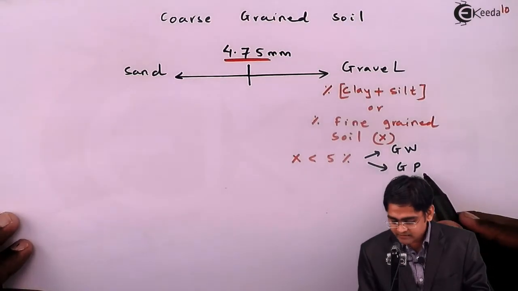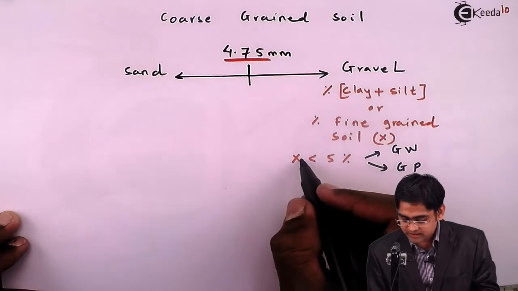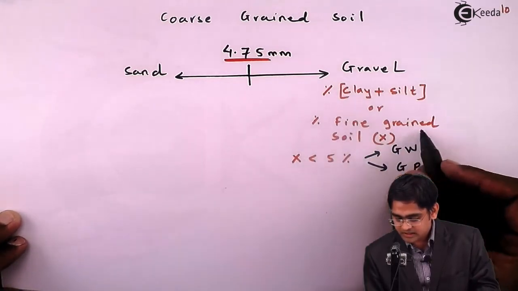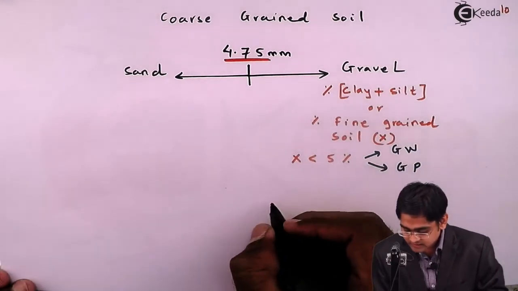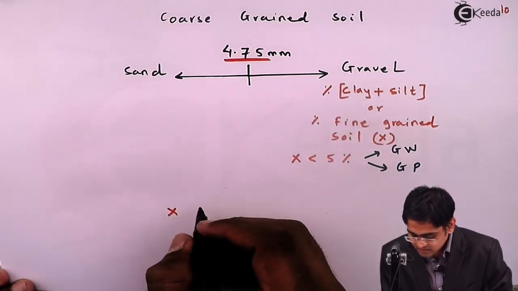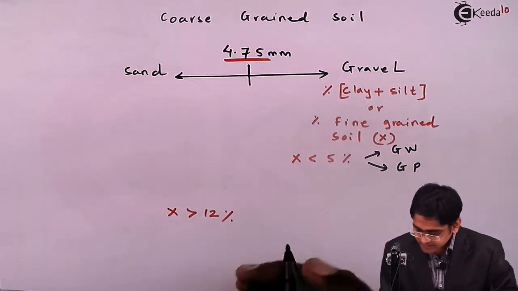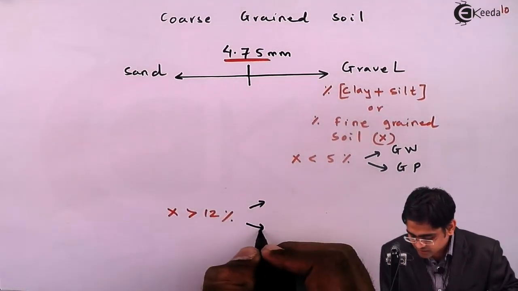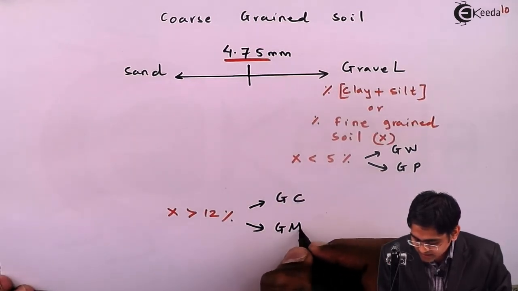So well graded and poorly graded gravel is based on this X percentage. If X is greater than 12%, then you classify the soil into two groups like clay gravel or silty gravel.